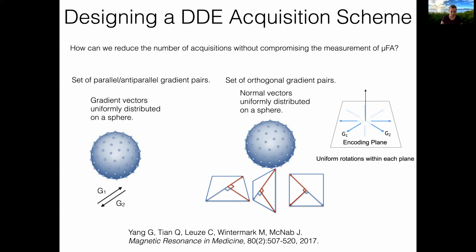And at this point, the proposed acquisitions normally included some set of parallel and anti-parallel gradient pairs that were uniformly distributed on a sphere, a set of orthogonal gradient pairs, with the normal vectors to the plane that those orthogonal gradient pairs defined distributed on a sphere, and then also some uniform rotations within each plane.